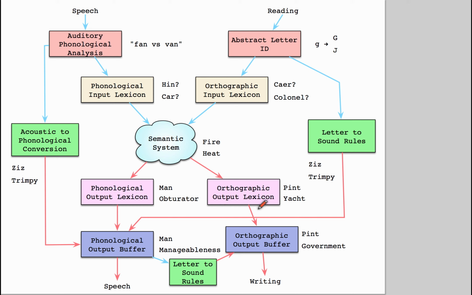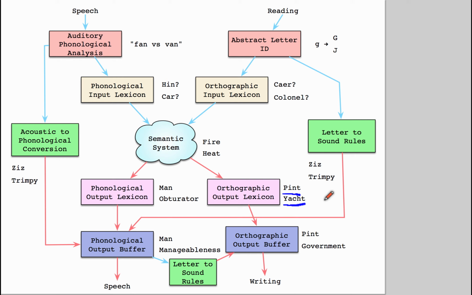Here, on the orthographic output side, we also have frequency effects, okay? But we also have regularity effects, right? So in other words, both yacht and pint are not pronounced exactly the way they sound.